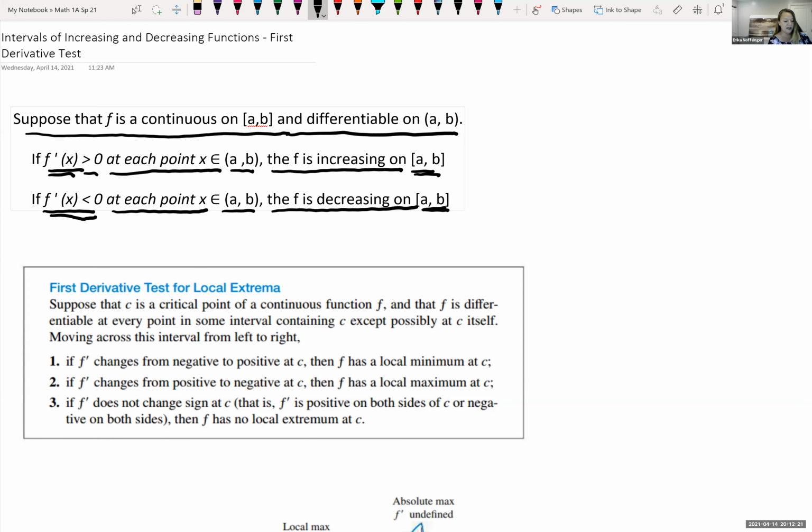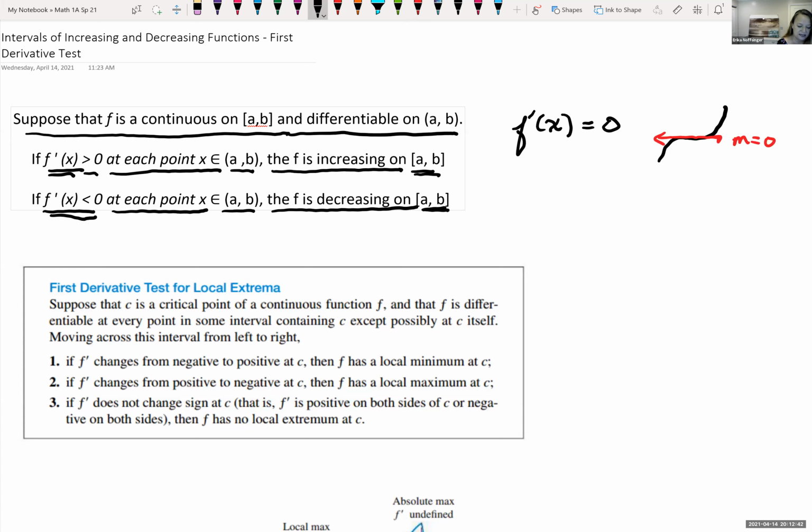We talked about if we find that f prime of x is equal to 0, that things could be leveling out. We could have something that looks like this, right? If we took the derivative here, we would find that that slope was equal to 0.